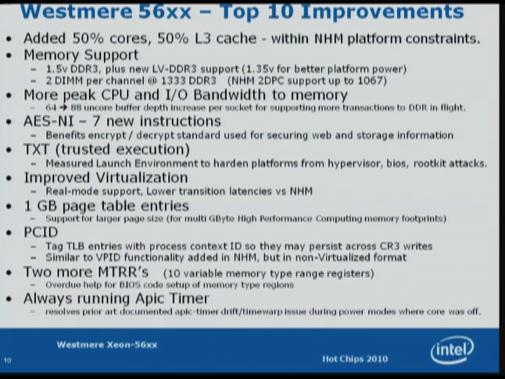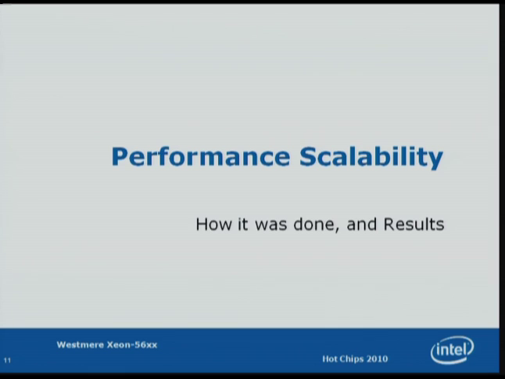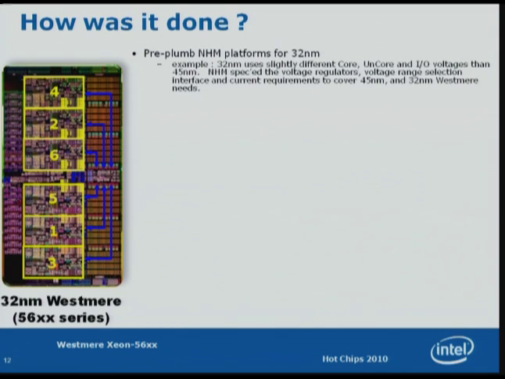And then a couple items, the BIOS guys have been begging us for years to get a couple more MTRRs put in place, so that was done on Westmere as well. And then an item with the APIC timer that used to have a little time warp issue in the past, that got fixed up.